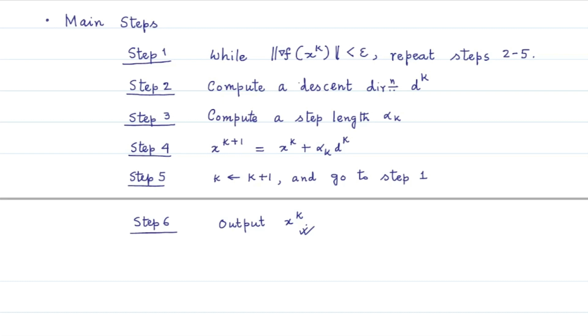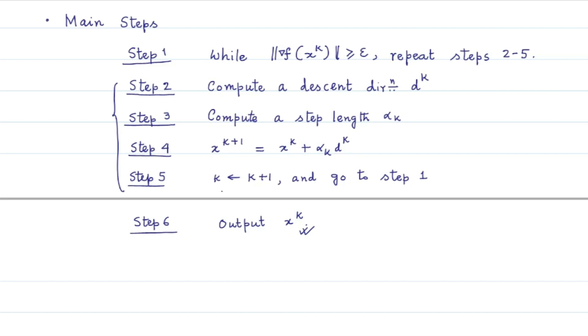If, however, the norm of the gradient of f at xk is bigger than or equal to epsilon, then we repeat steps 2 to 5. We compute at the point xk a descent direction dk, and along the direction dk we take a step length of amount, let's suppose alpha k, and subsequently we update the current iterate xk by xk plus 1, which is given by xk plus alpha k dk.